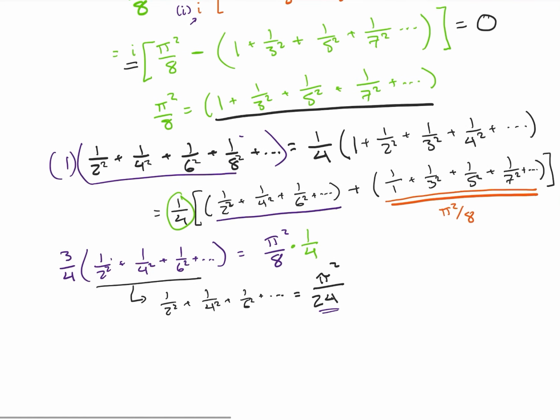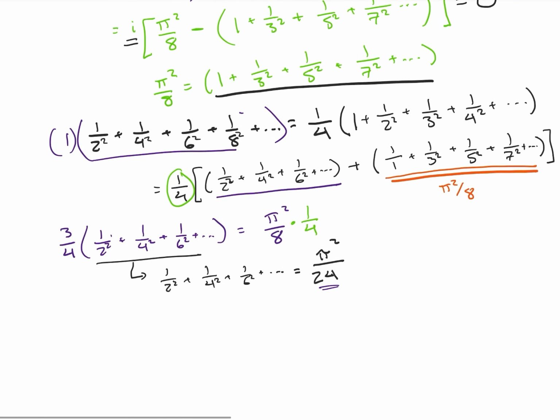So why is this cool? Now I have everything I need. So 1 over 1 plus 1 over 2 squared plus 1 over 3 squared is going to be equal to my orange guy, which is my odd terms, pi squared over 8, plus this pi squared over 24.